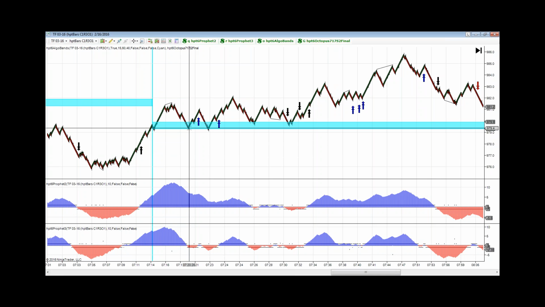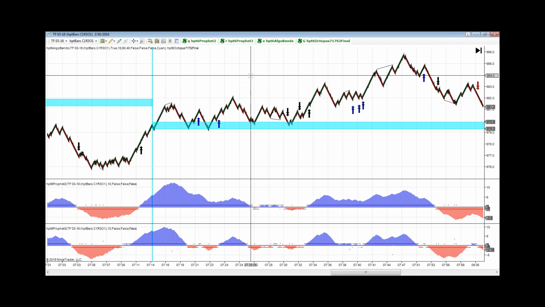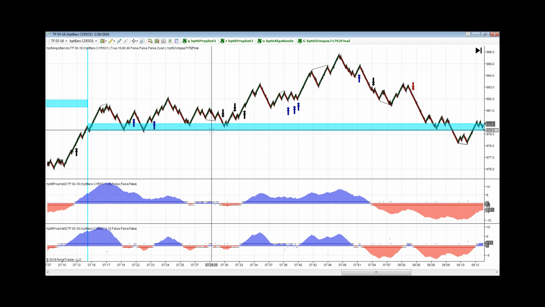You can continue to take these trades long and long. You normally would have had a short trade set up here. However, we didn't close below the band. Okay, so that's the nice thing. The algo bands in conjunction with the double profit act as a kind of a check and balance system for filtering, and is only trying to get you the strongest trades in the strongest directions.